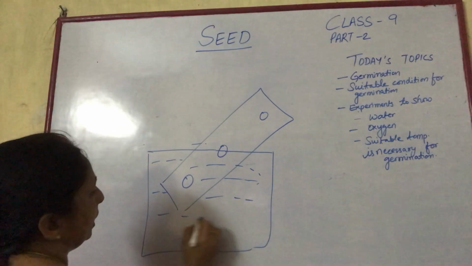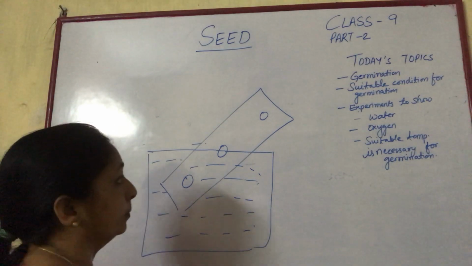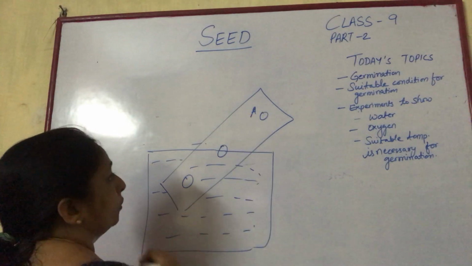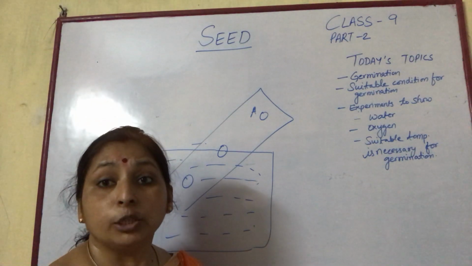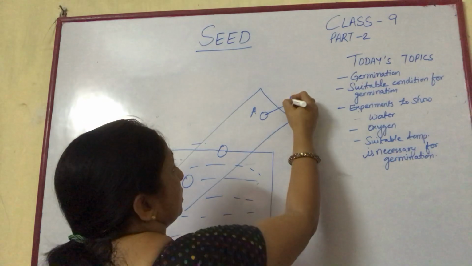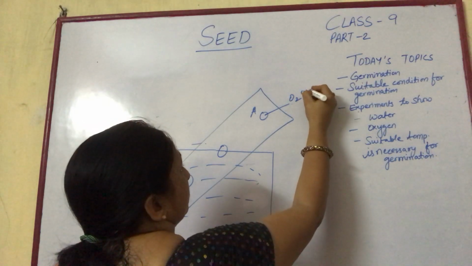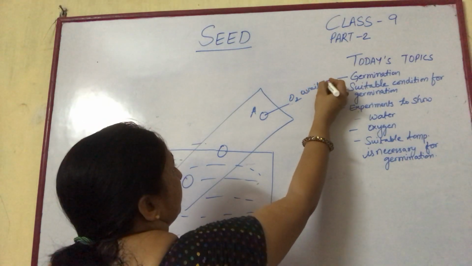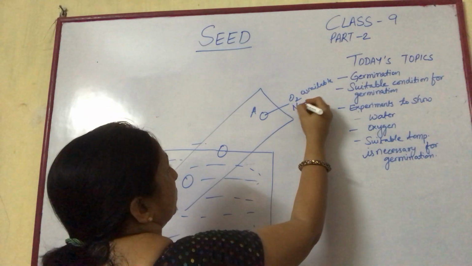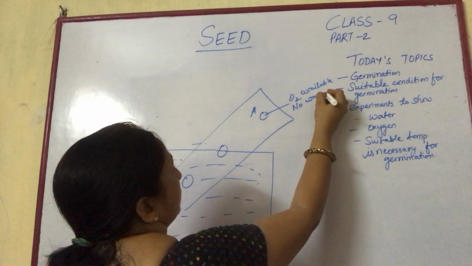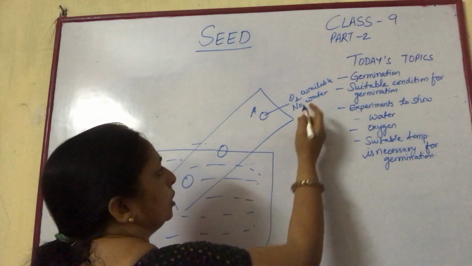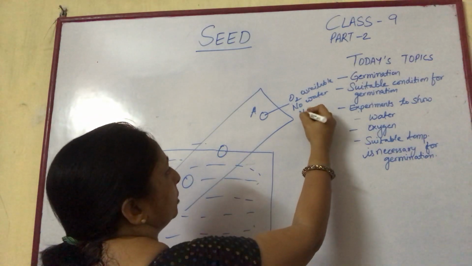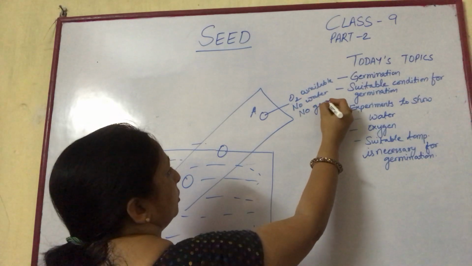Now what happens in this experimental setup? For seed A, oxygen is available but no water. Temperature is suitable for the whole setup. So no germination.